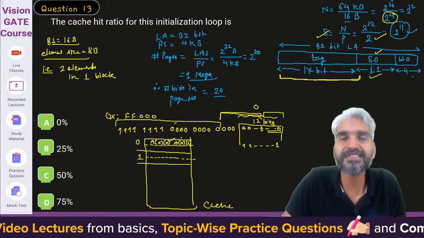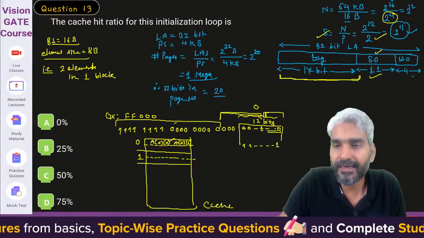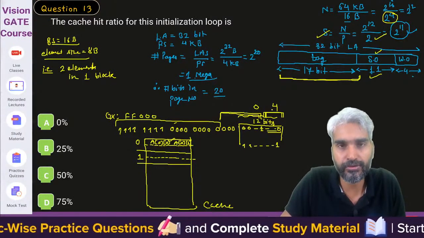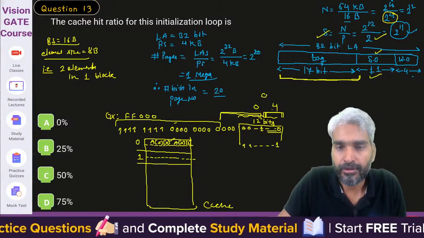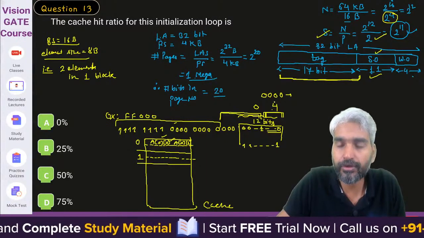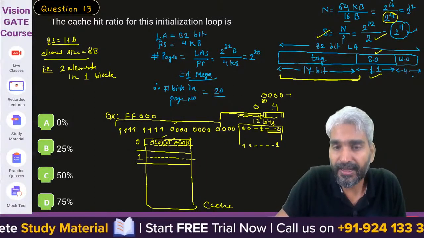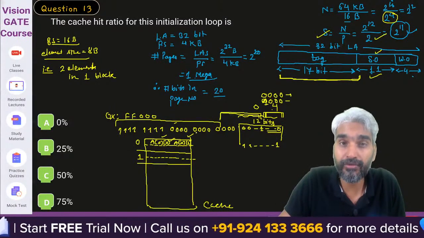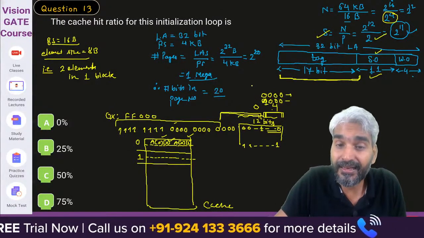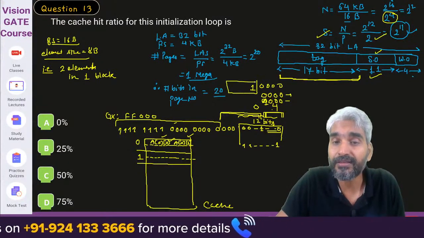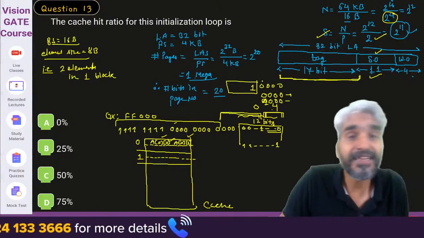So using this 4-bit offset, you can address 16 bytes. 0000 will be the address of A00, 1000 will be the address of A01 within this cache line, and after that the next address will become 10000. So this will go in set 1.